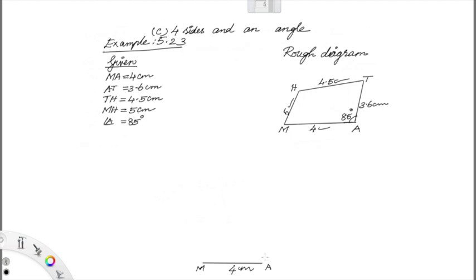Have you seen the previous videos? Yes. Take 85 degree. Now join that. Put an arrow mark. Whenever you are drawing an angle, you have to draw only the ray. That is, you have to put an arrow mark at the other end.